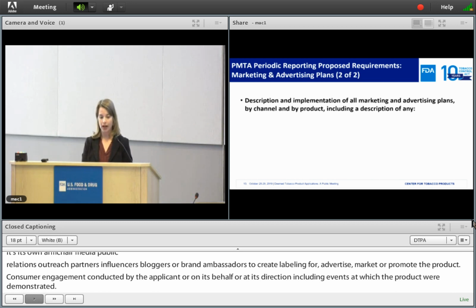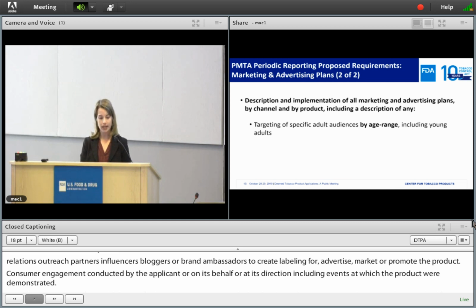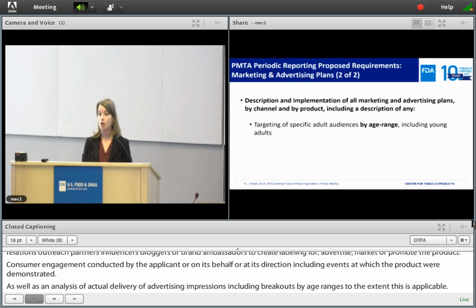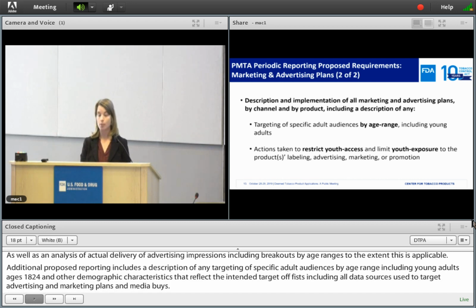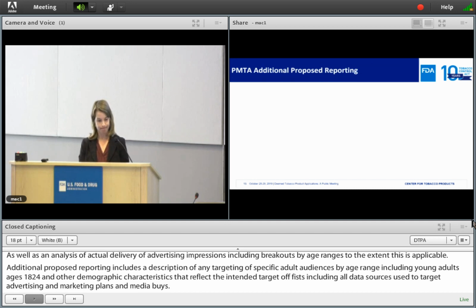Additional proposed reporting includes a description of any targeting of specific adult audiences by age range, including young adults, ages 18 to 24, and other demographic or psychographic characteristics that reflect the intended target audience, including a list of all data sources used to target advertising and marketing plans and media buys, as well as actions taken to restrict youth access and limit youth exposure to the product's labeling, advertising, marketing, or promotion.